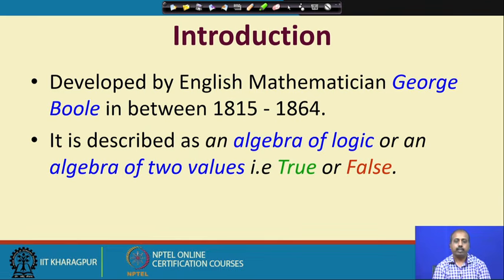In normal algebra that we are familiar with, the variables can take values from some domain, maybe integer, real, etc., and then we can do operations like addition, subtraction, multiplication, division on those values.